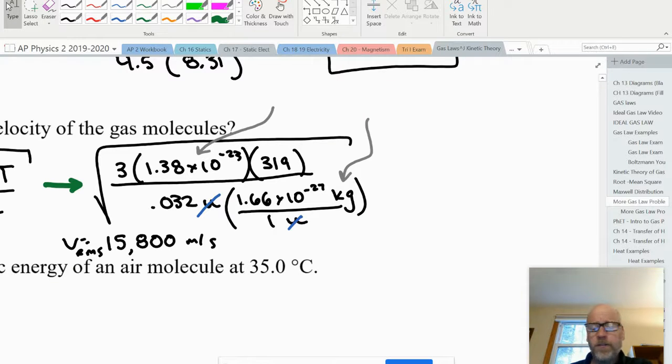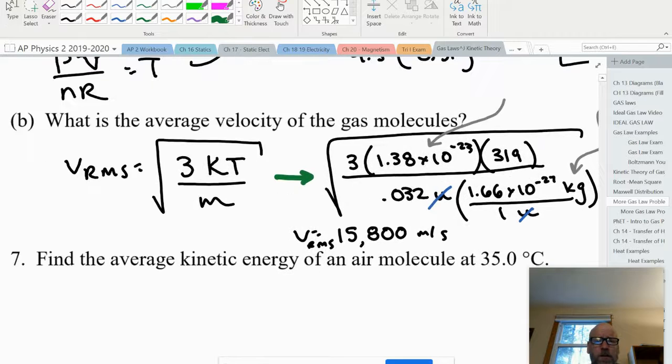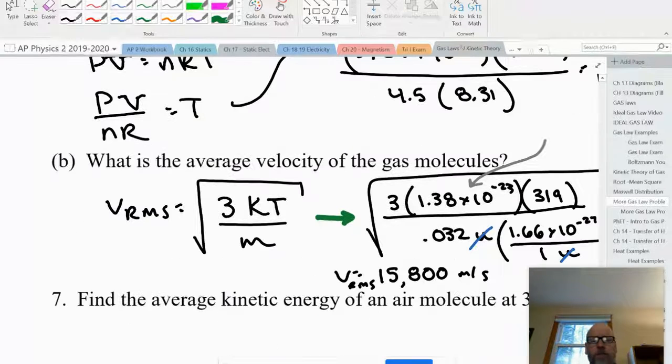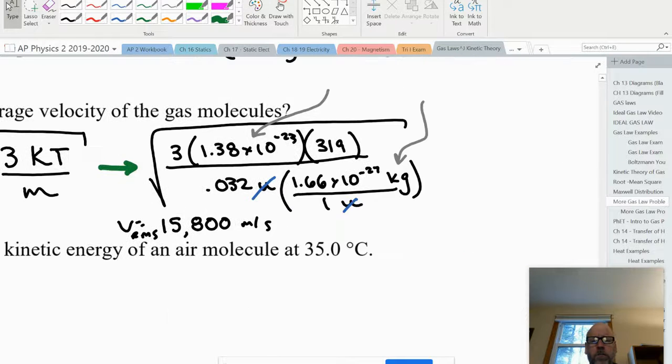Seriously. Times 319 divided by 0.032 times. Is it not times 10 to the minus 27? I feel like it is, though. We're talking about oxygen gas. It's 32 grams per mole.